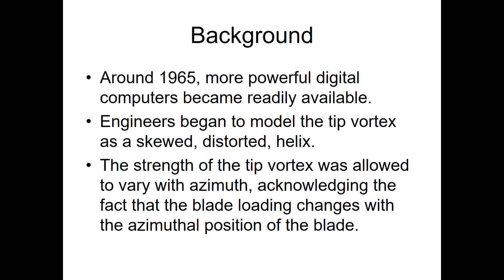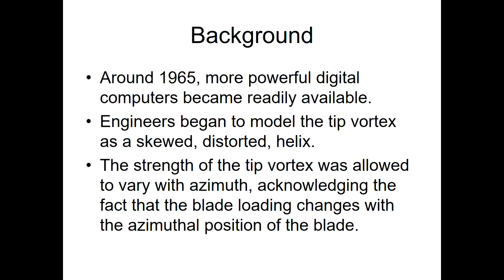Around 1965, digital computers became available. So engineers modeled the tip vortex initially as a rigid helical structure. Then they started distorting it, modifying it, and they also allowed the strength of the tip vortex not to be constant everywhere like the previous models did.